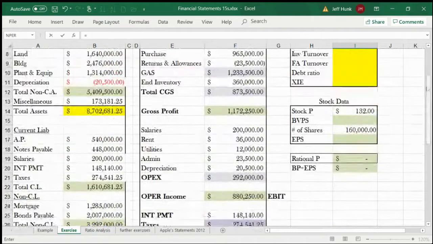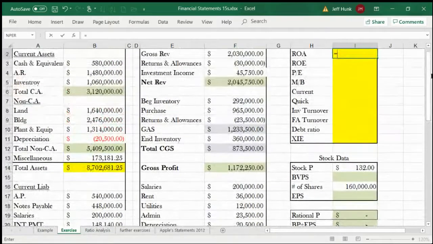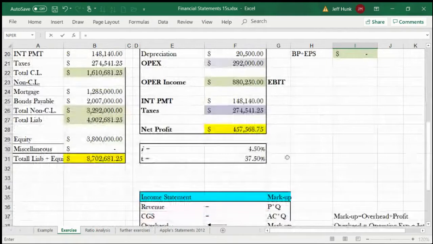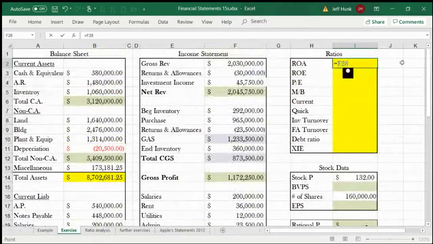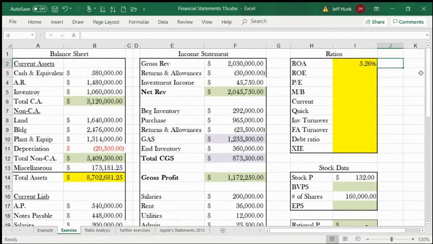You have to look up the income statement, and at the bottom of the income statement, net profit. That's the profit, right? Net income, net profit, or EAT. Then you divide that by total assets. There's the total assets. So the ROA is 5.26.